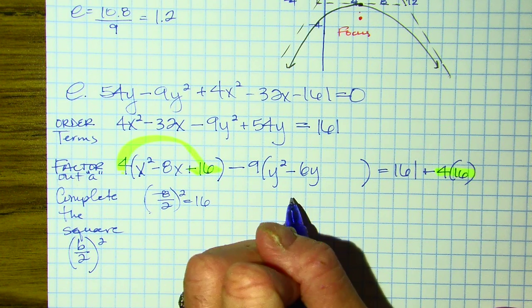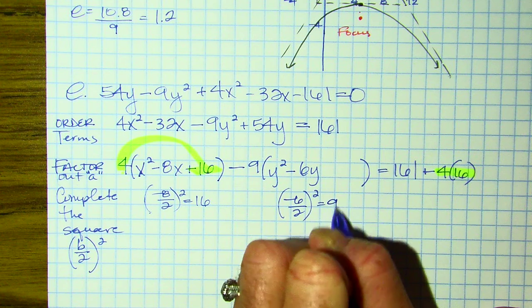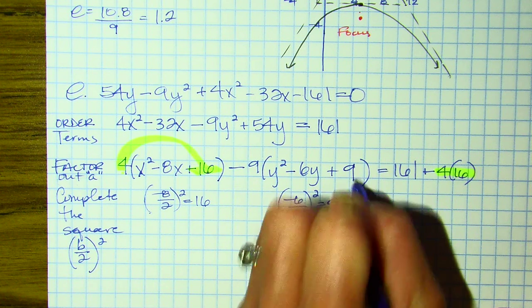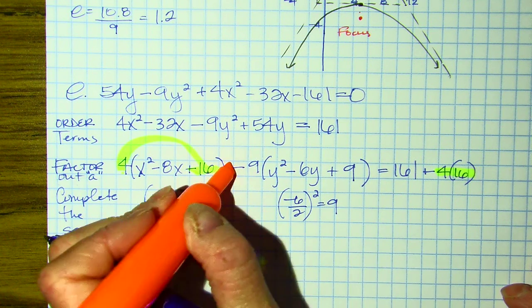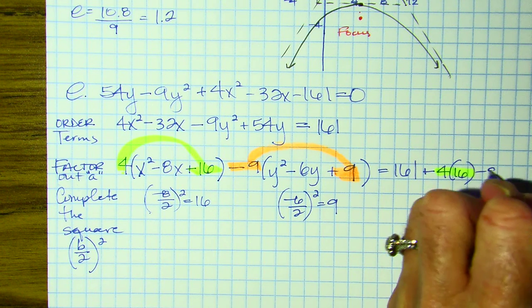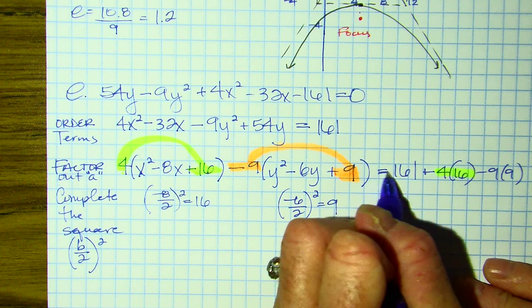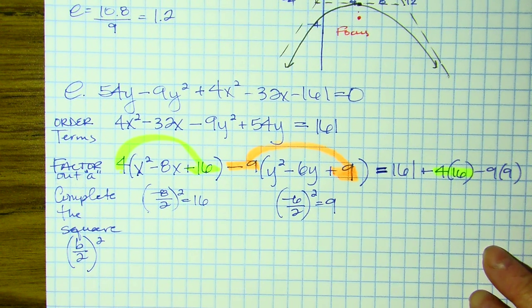To complete the square here, my b term is negative 6 divided by 2 squared. That would give me 9. So I'm adding 9 here. But this is a negative 9 times 9. So that should be here, negative 9 times 9. So I'm keeping the left-hand side equivalent to the right-hand side.